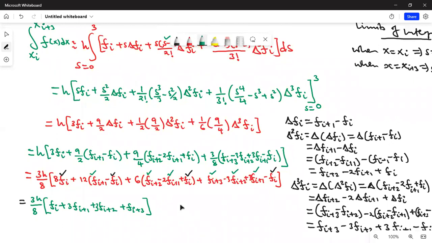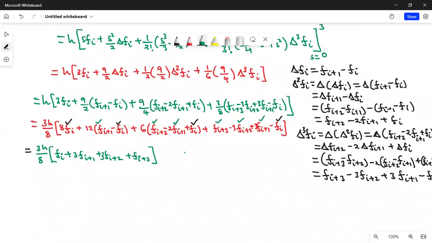So we can as well write this as, because I can see the 3 is common, so I can factor that 3, so that this can be written as 3h over 8 into fi plus 3 into fi plus 1 plus fi plus 2, then plus fi plus 3.